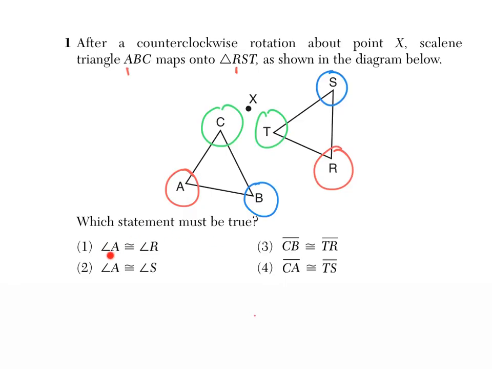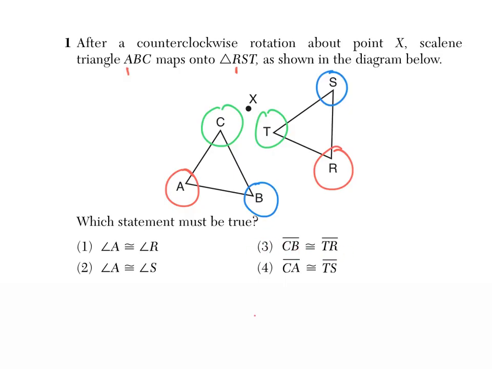Well, I see it says angle A is congruent to R. And I notice that this is red and R is red. And those certainly do match up. These are congruent. But let's go through just so we can rule out options 2 through 4. I noticed that 2 says A is congruent to S. Red and blue do not match up. So those are not congruent. 3, CB is congruent to TR.